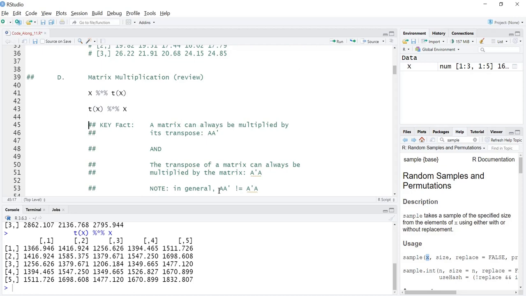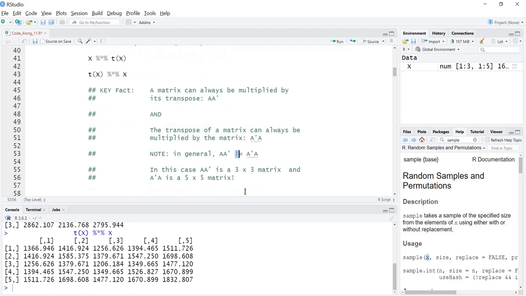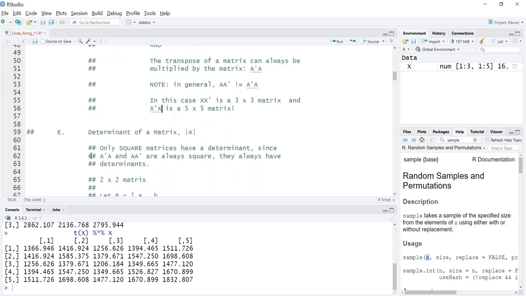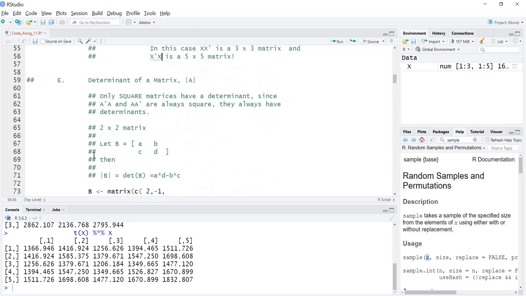In general, these things are not equal, and remember, the exclamation point means not equal. I say A prime A, but in our case it was x prime. x x prime is a 3 by 3, and x prime x is a 5 by 5. We used x up here, not A. Sorry.